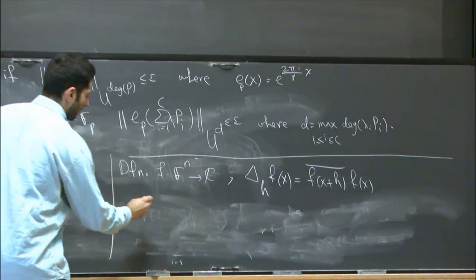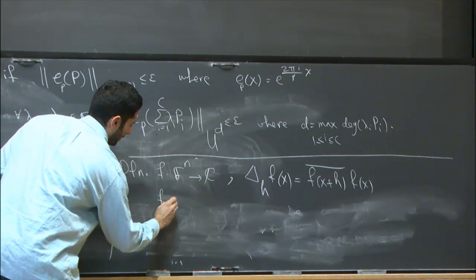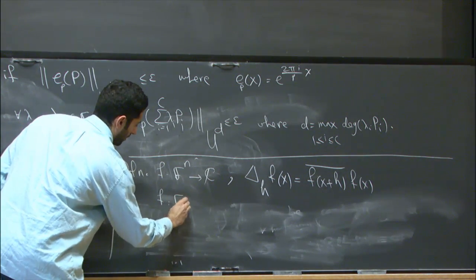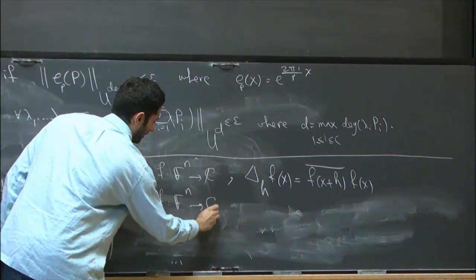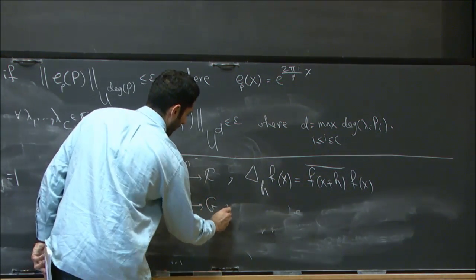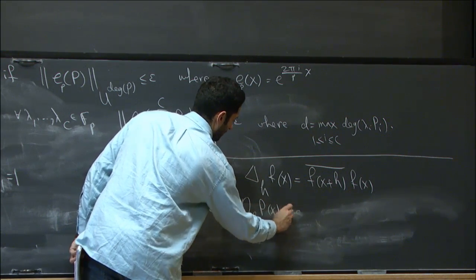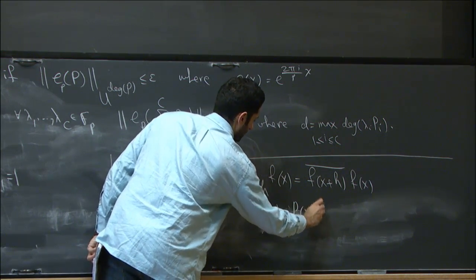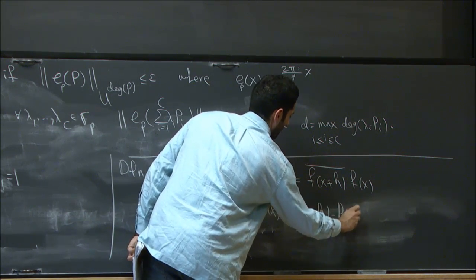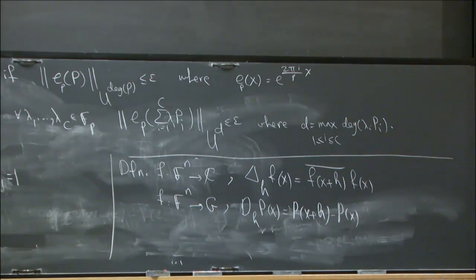And the additive derivative of an F-valued function, or in fact any additive group, d_h of p of x is p of x plus h minus p of x. These are things that we will keep using.